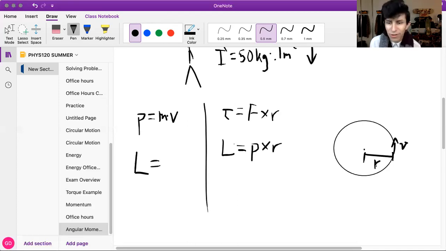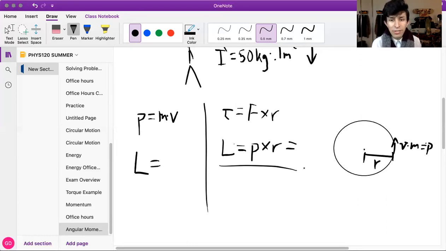This is R, not V, because my R's kind of look like V's. So if we multiply this times mass, we can get momentum. And we know the radius. So then we can find what the angular momentum is, right? So this is one way of defining angular momentum. We can just look at the rotational counterpart with torque and apply it the same way.